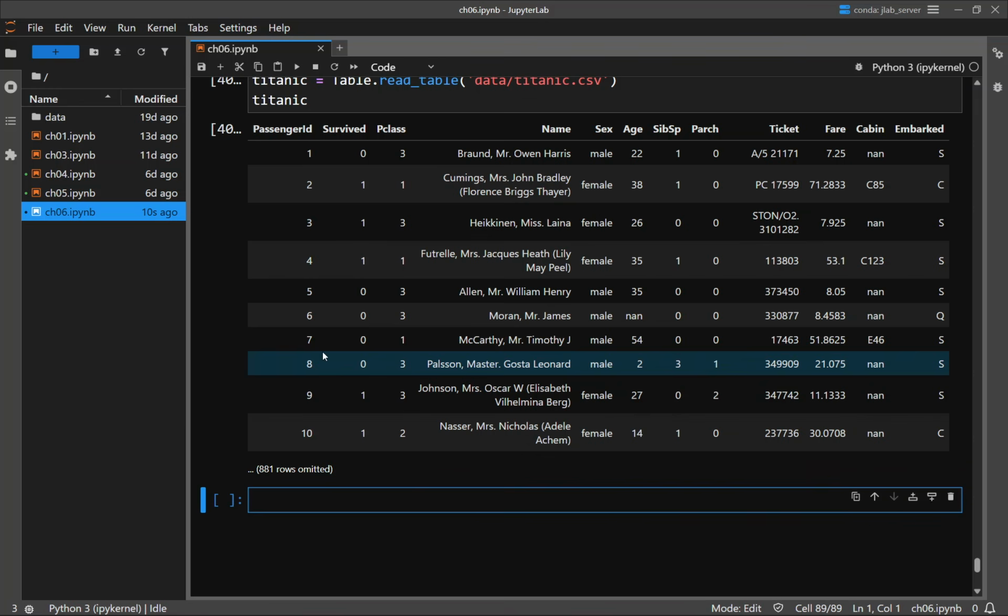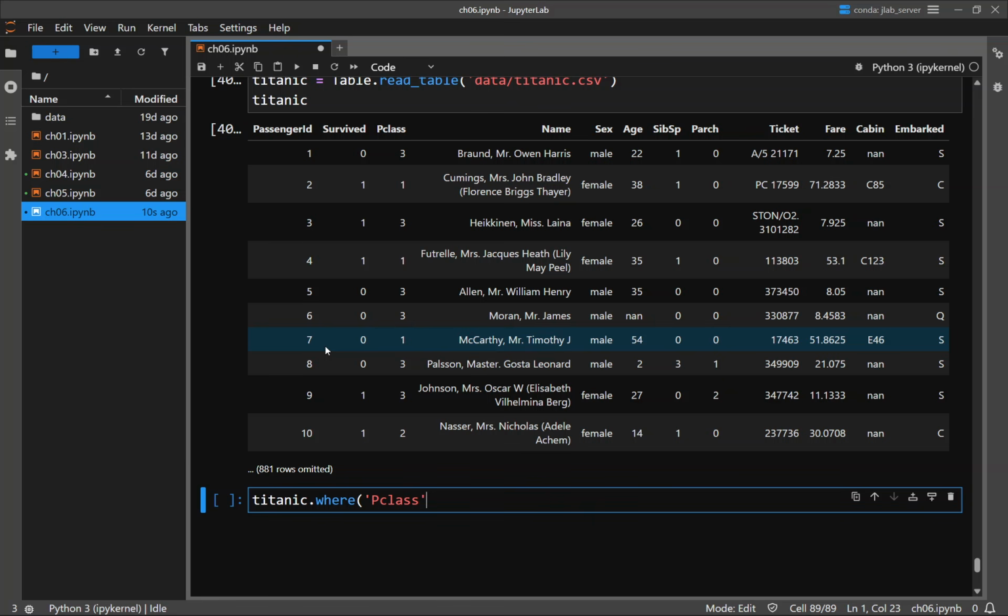All right, we've got a table. It's called Titanic. I would like to separate everybody by classes. So Titanic.where P class values are equal to 1, 2, and 3 because it's 1, 2, and 3 there.